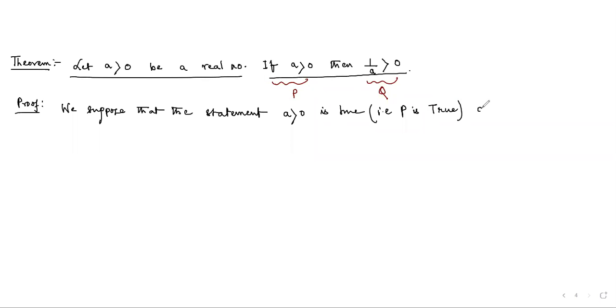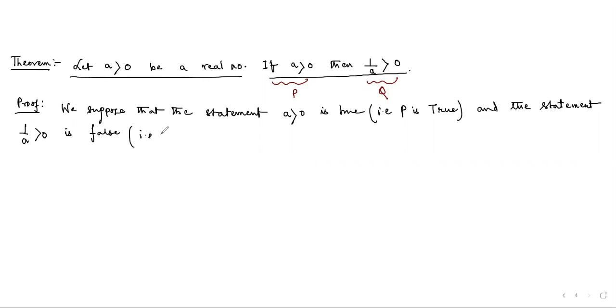And the statement Q, 1 by A greater than 0, is false.